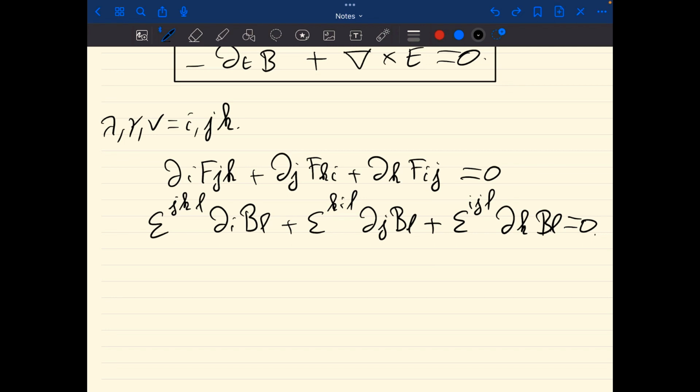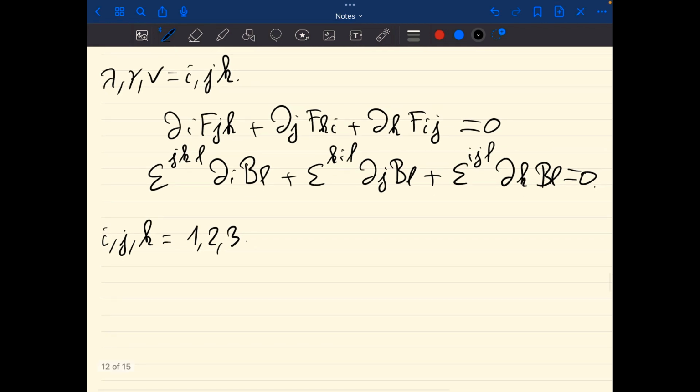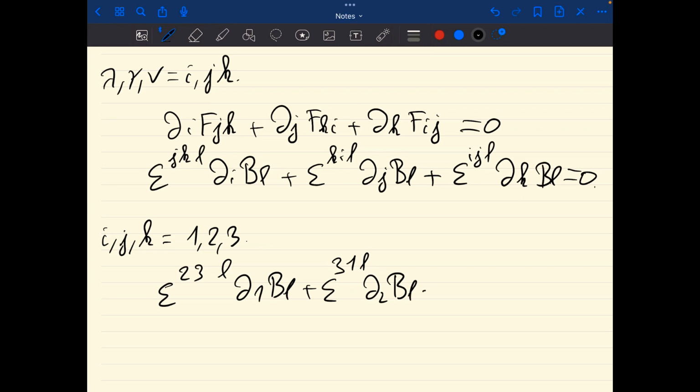So let's just take as an example i, j, k equal 1, 2, 3 and see what we get. For the first term we get epsilon_{23l} ∂_1 B_l, plus epsilon_{31l} ∂_2 B_l, plus epsilon_{12l} ∂_3 B_l.